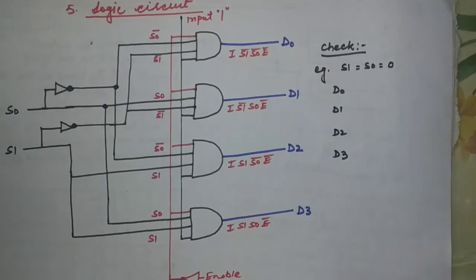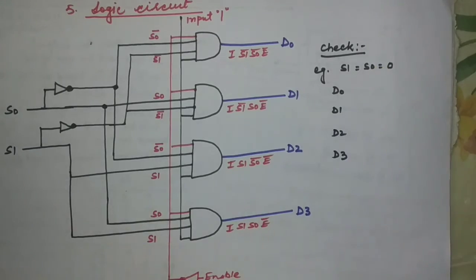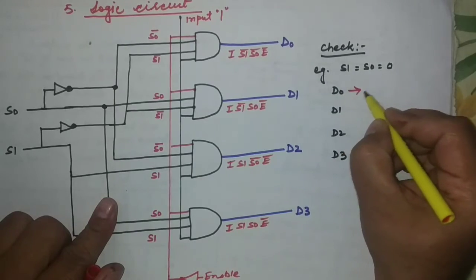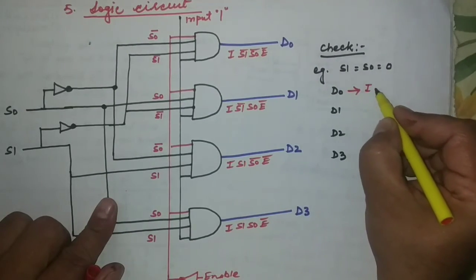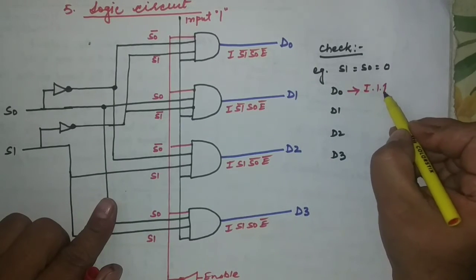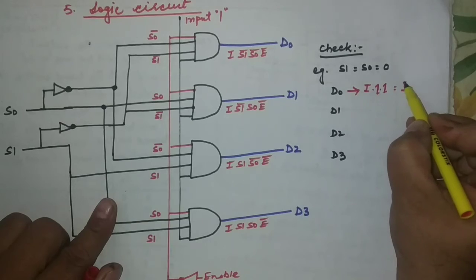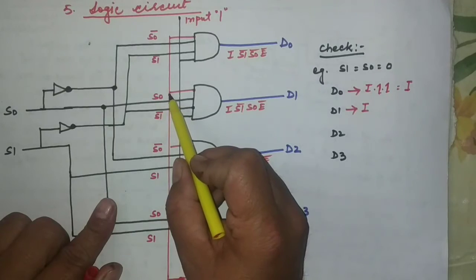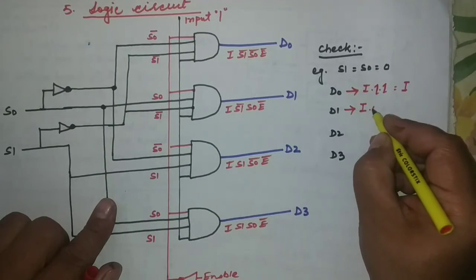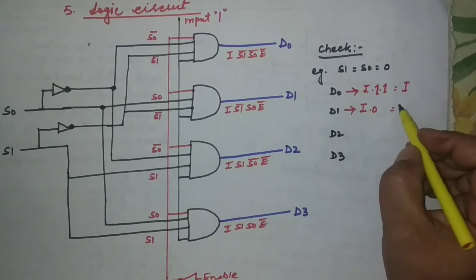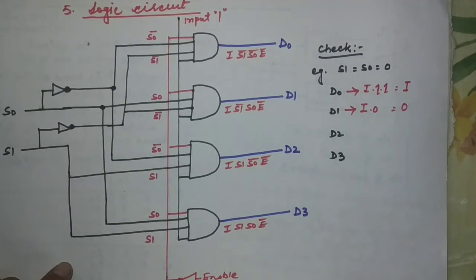When S1 is 0 and S0 is 0, these are both the complements. So from D0 we get I into 1, because enable is always active low. So this is I. For D1, S0 is equal to 0, so no need to write further, because for an AND gate, if one of the inputs is 0, then the output will be 0.